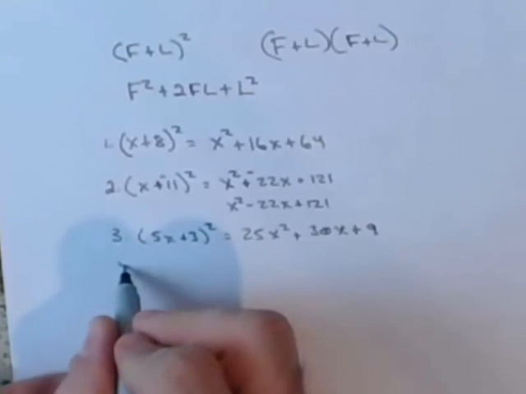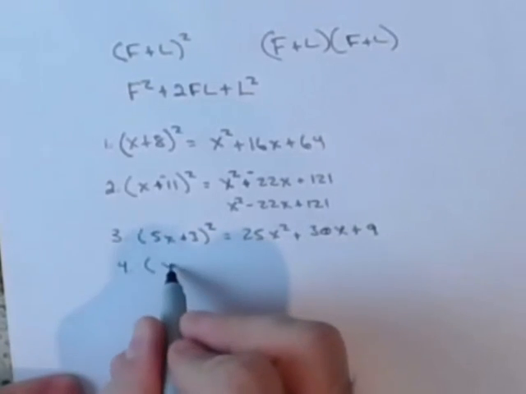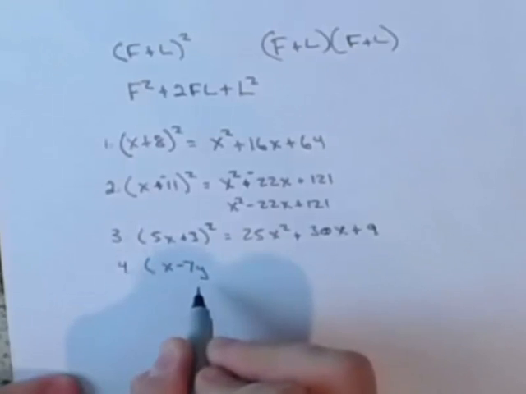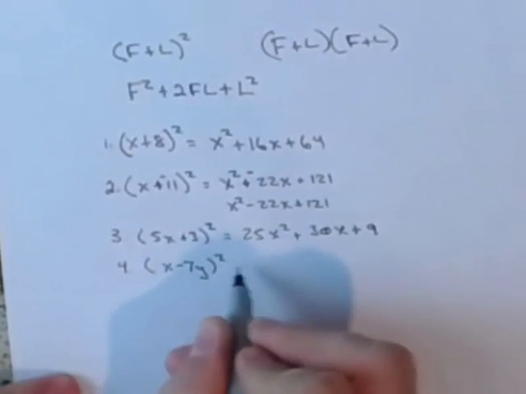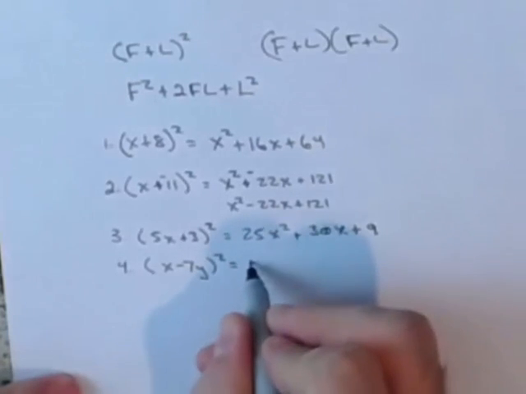Number 4. Number 4 is x minus 7y squared. Okay, the first in this case, if we consider it to be x, so we're going to square the x, gives us x squared.